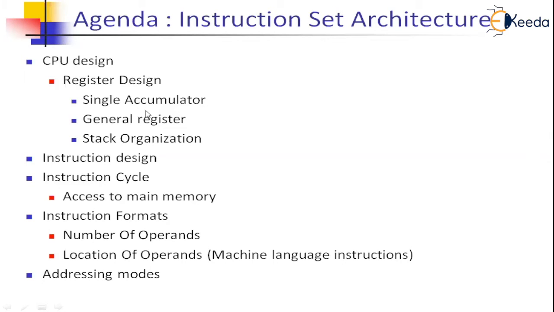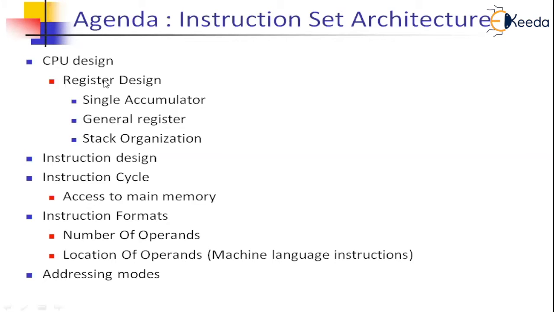The registers available in the CPU can be organized in three different ways. First is single accumulator organization, second is general register organization, and the third is stack organization. Now we will start designing the register set. We need to adopt one of these organizations, and then we start designing the register set.